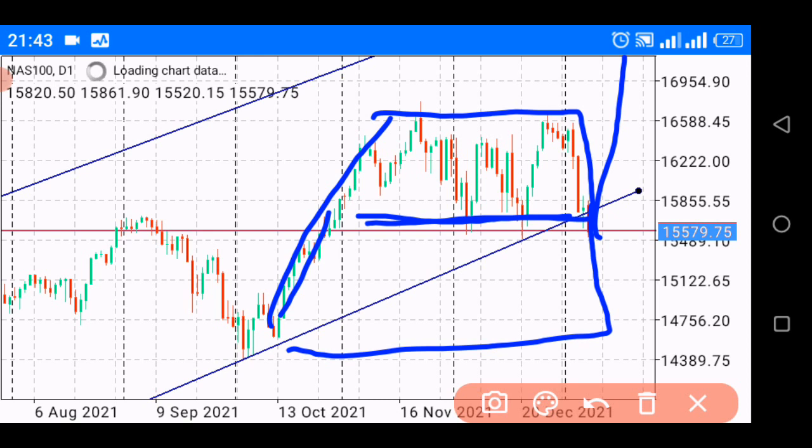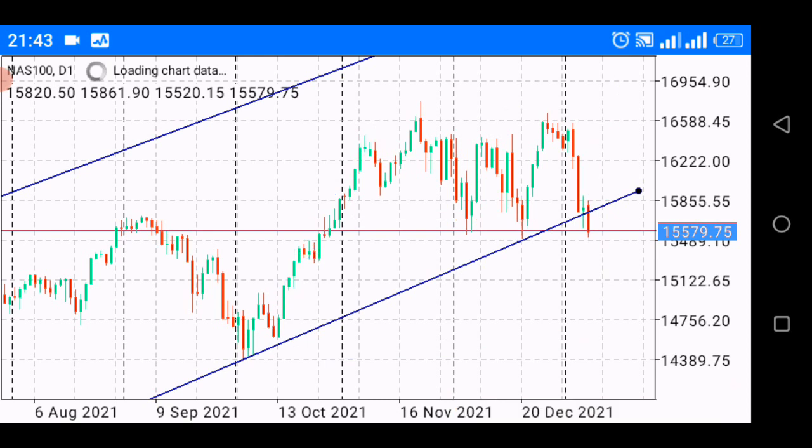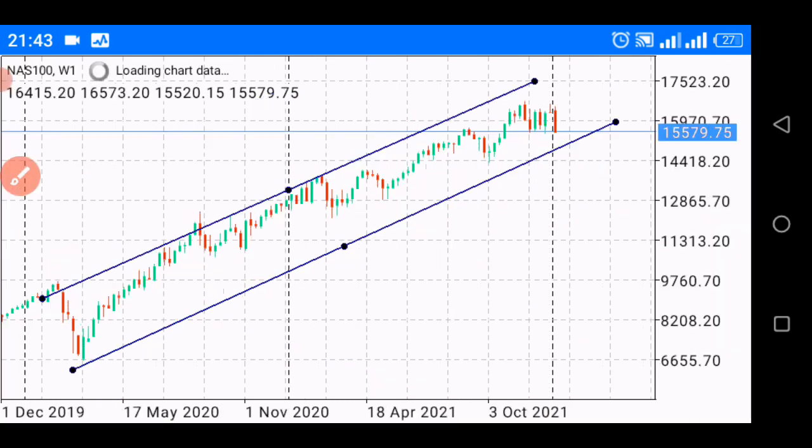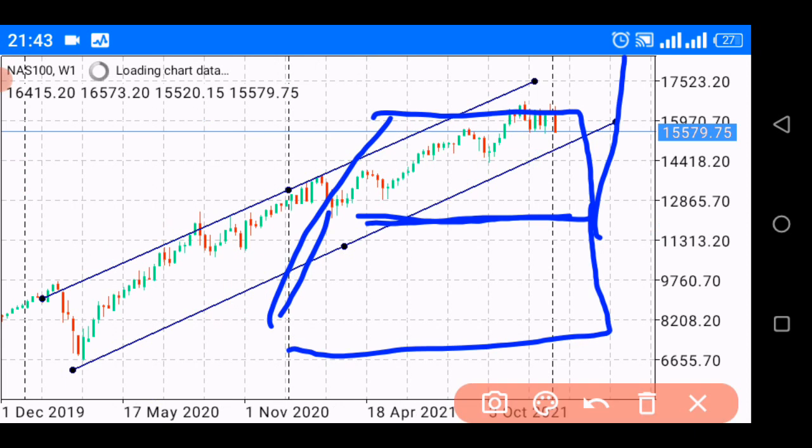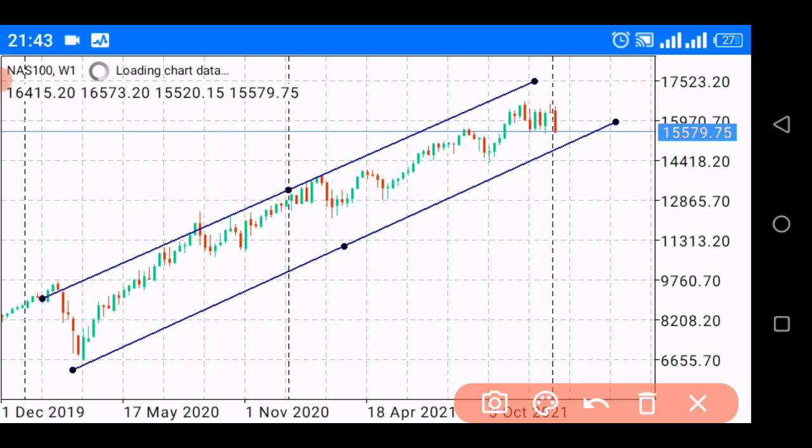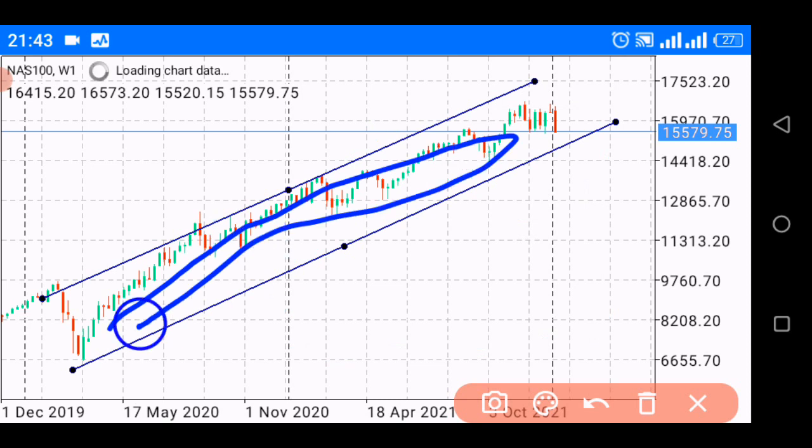What we are studying, let me re-emphasize it again: we are studying the whole price movement here to predict the probability of the next movement.